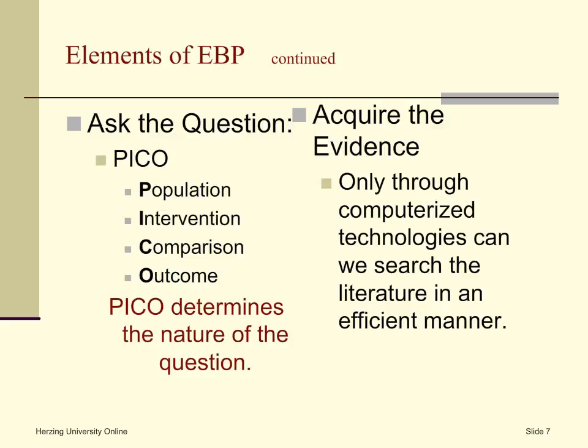One way to remember how to ask the important clinical question is to use the PICO model. Here are the 4 elements of the model. Population relates to such factors as age, gender, ethnicity, disease group, and so forth. Intervention refers to the nursing action that should produce the best outcomes.